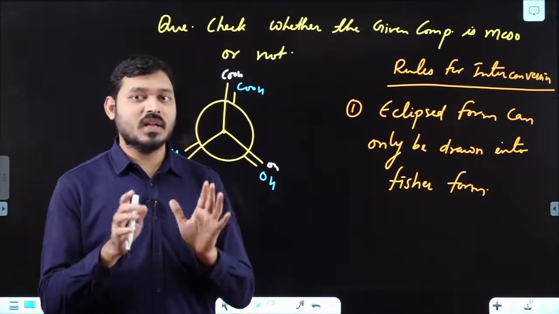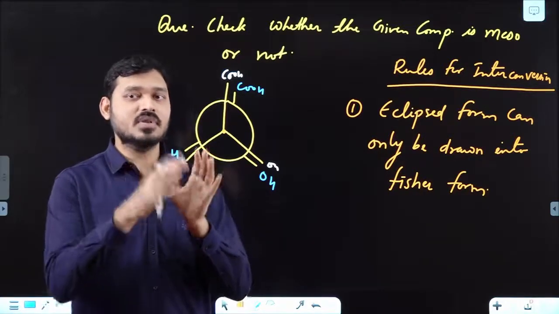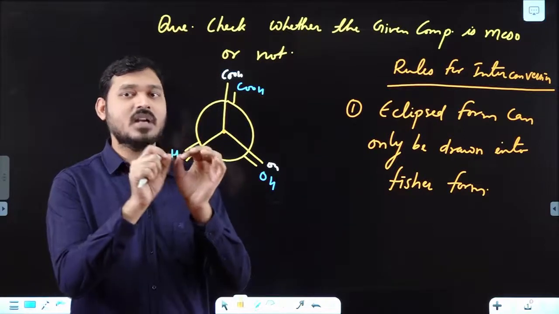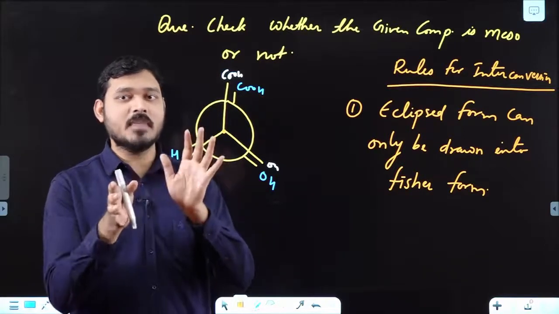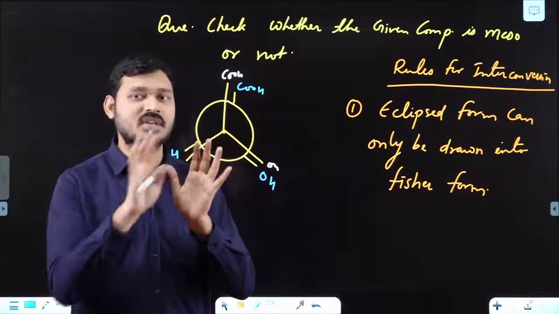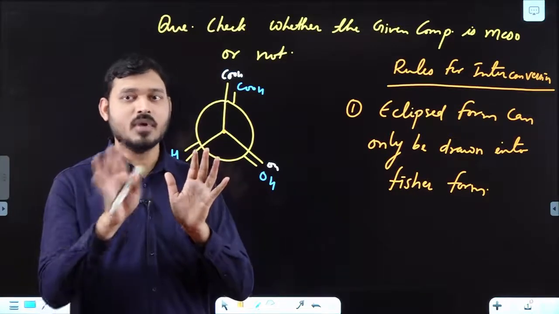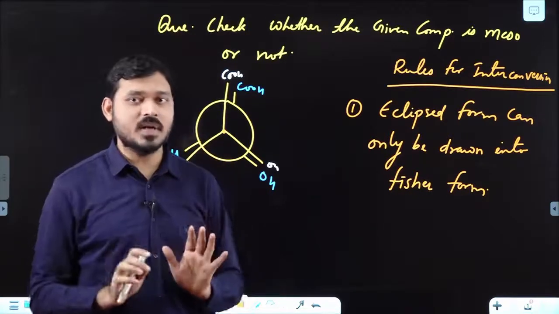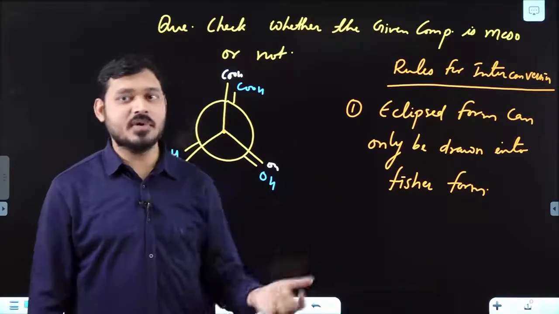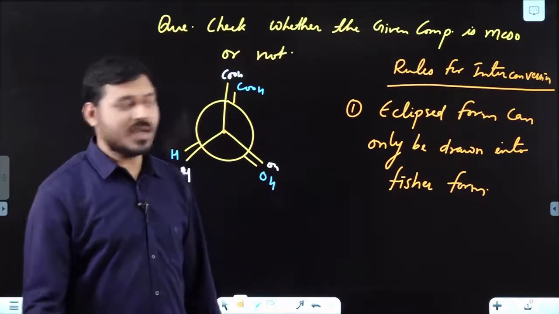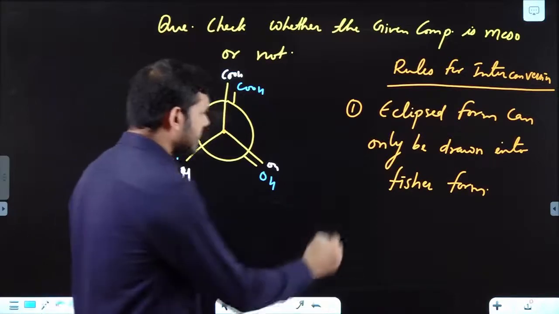So by rotating, keeping one part constant, means suppose you keep the front carbon fixed, and if you rotate the back carbon by 60 degrees, just 60 degrees, okay, what you will get? You will get the eclipsed form if it is staggered, and then you have to draw the Fischer form, okay. First rule.